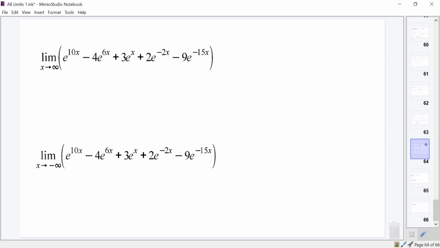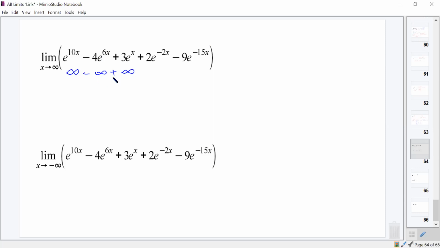And what happens if we plug in infinity? e to the 10x becomes what? Infinity, and then minus 4e to the 6x is infinity, right? So infinity minus infinity. Shouldn't we just take negative 9e to the power negative 15x into consideration, considering they're both like the biggest number? They both outclass each number in terms of being big.